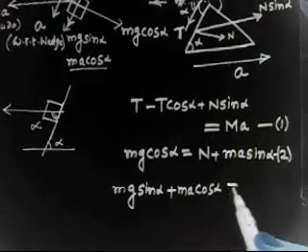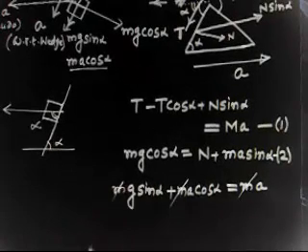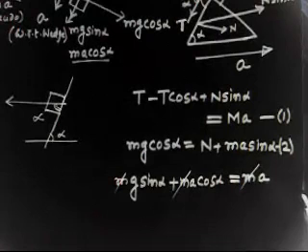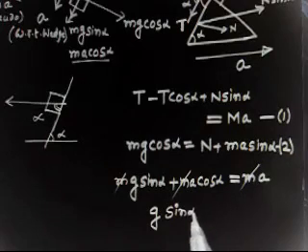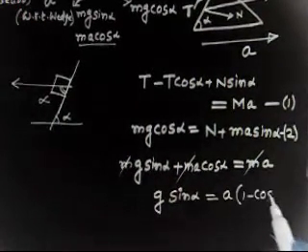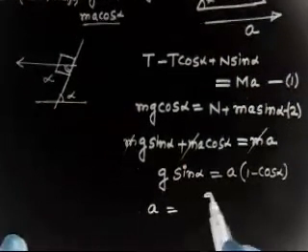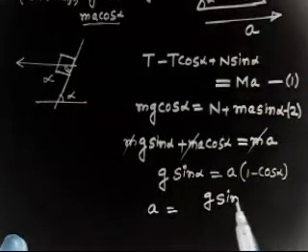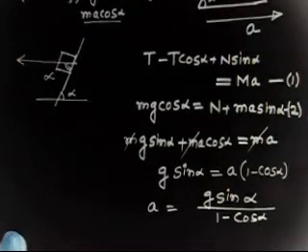So this is equal to mass into acceleration. So you can solve for A from here itself. So what is A? This is g sin alpha equals A(1 minus cos alpha). So A is g sin alpha divided by 1 minus cos alpha. Are you getting?